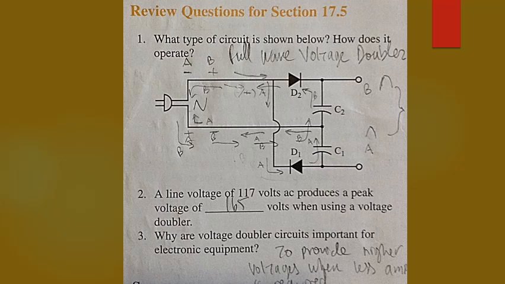To explain the operation, during the positive peak of the AC input, point B is positive. Current flows from point A, charging C2 in the polarity shown, through D2 to point B. During the negative cycle of the input, point B is negative and current flows through D1 to C1, charging it to the noted polarity to point A. Notice that during one cycle of AC input, capacitors C2 and C1 have been charged so that the voltages across C2 and C1 are in series.